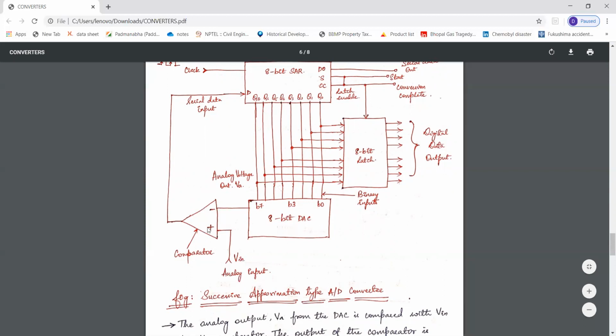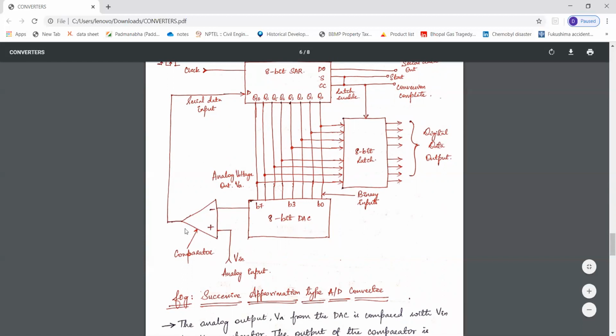Now if the comparator output is low, which means the output of the digital to analog converter is greater than Vin. If Vin is lesser than the output voltage VA of the DAC, the comparator output will be low. If Vin is greater than VA, the comparator output will be high.